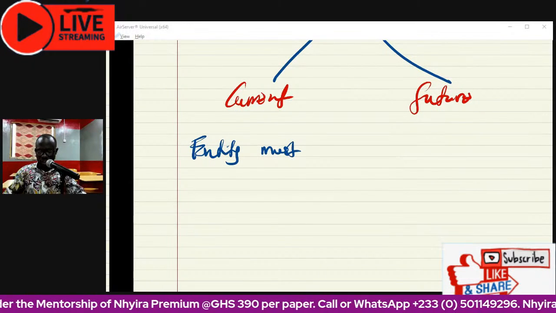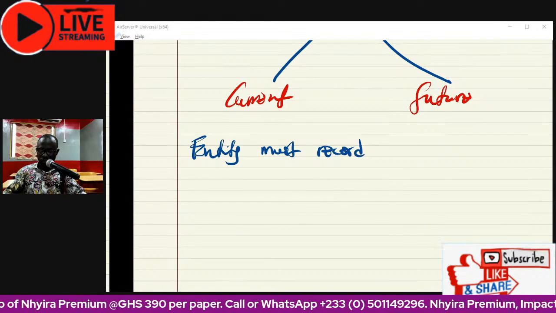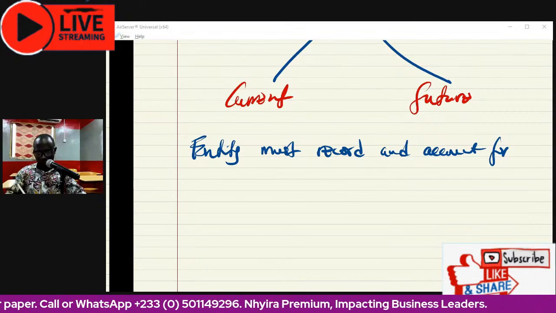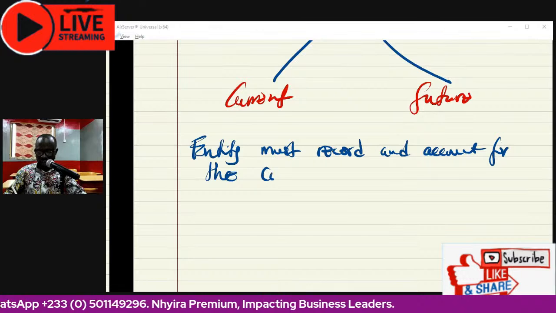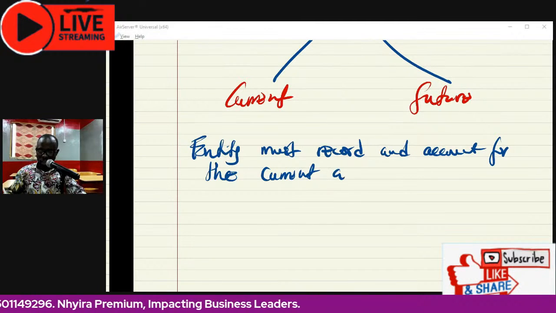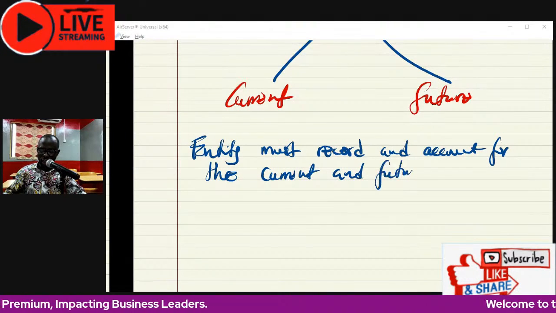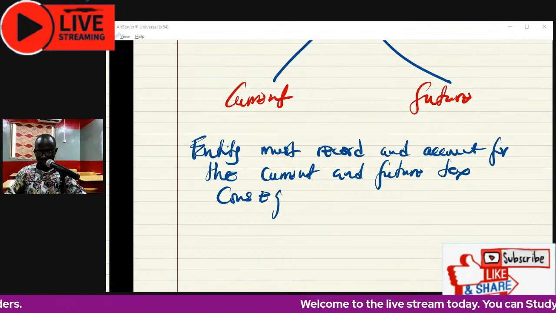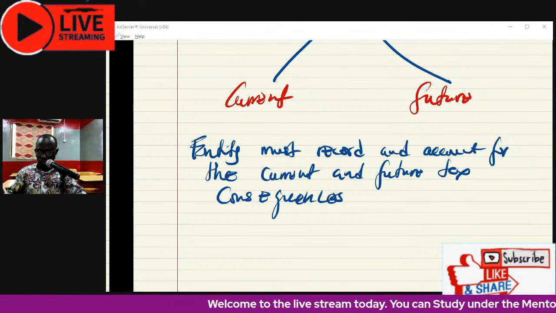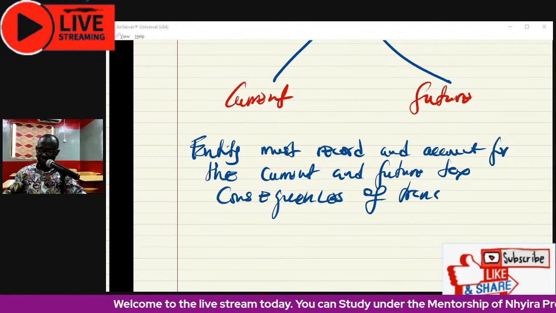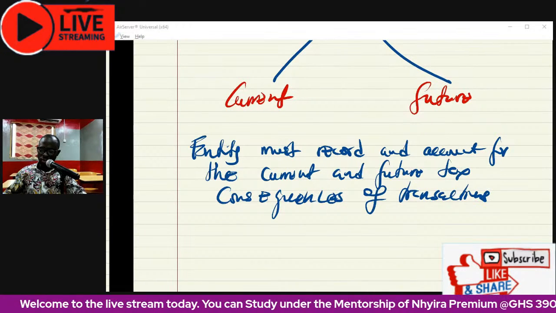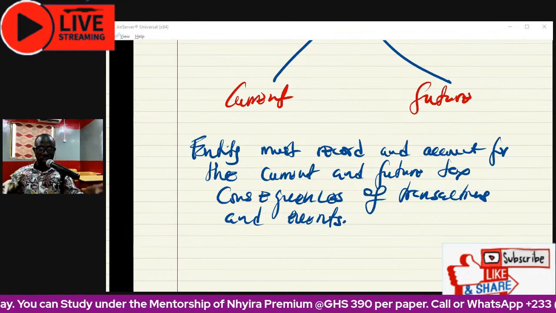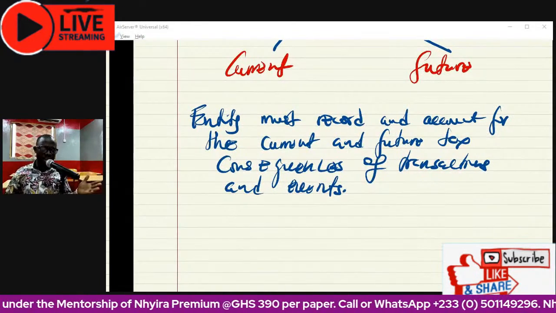Entities must record and account for their current and future tax consequences of transactions and events. Why is that?